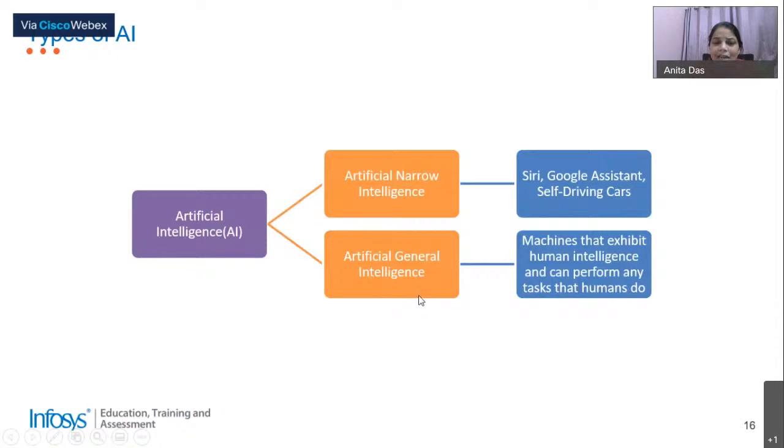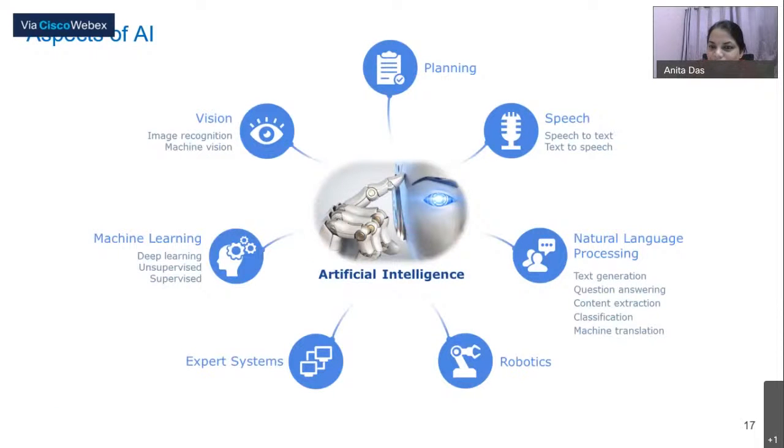Okay. So now let us talk about various aspects of artificial intelligence. When we talk about human intelligence, there are various aspects, isn't it? Vision, the eye, is a very important aspect, because it helps in solving problems.